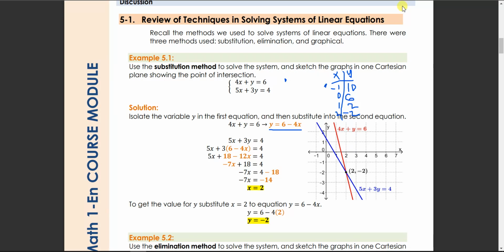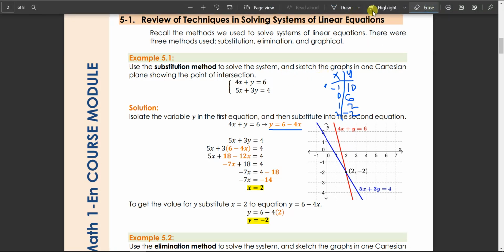Next is 1 and 2. If x is 1, y is positive 2. Then we have 2 for x, and we have negative 2 for y. So this is 2 for x, negative 2 for y.